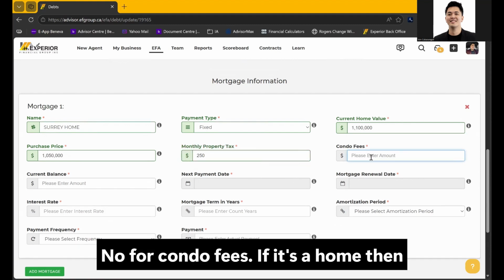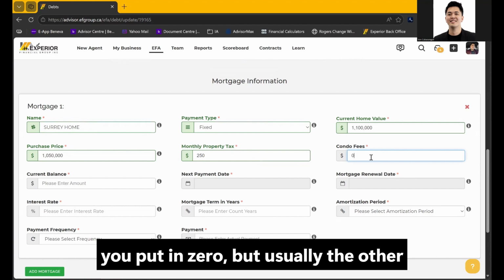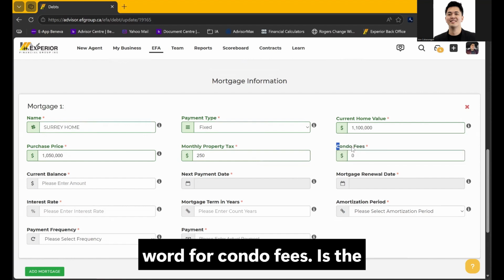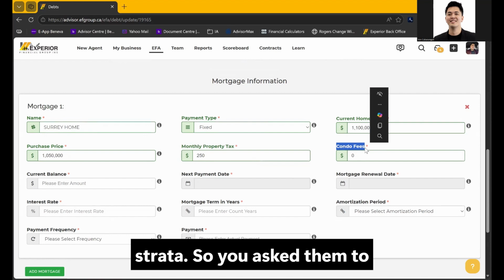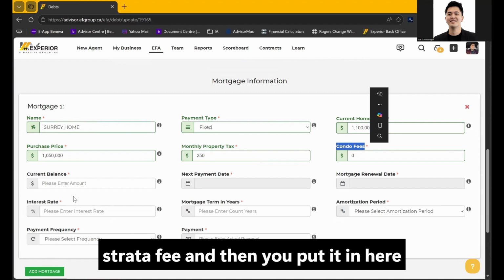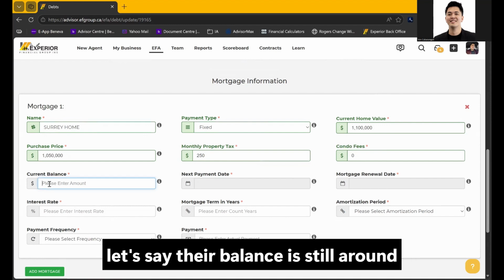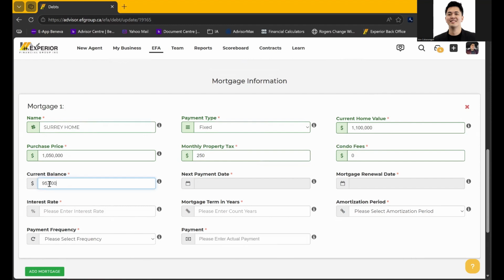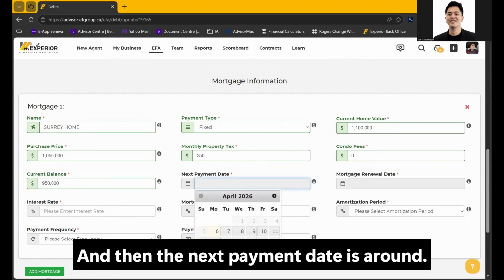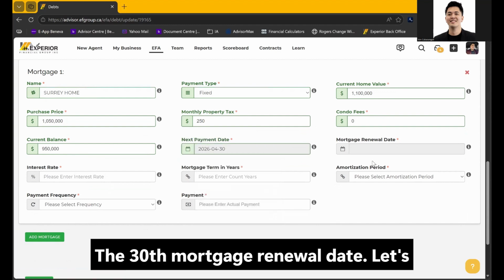Now for condo fees, if it's a home, then you put in zero. But usually the other word for condo fees is the strata. So you ask them the strata fee and then you put it in here in the condo fees. For current balance, let's say their balance is still around 950. And then the next payment date is around the 30th.